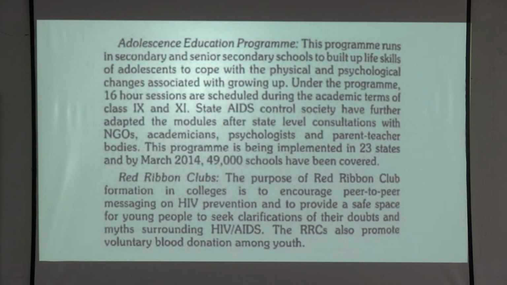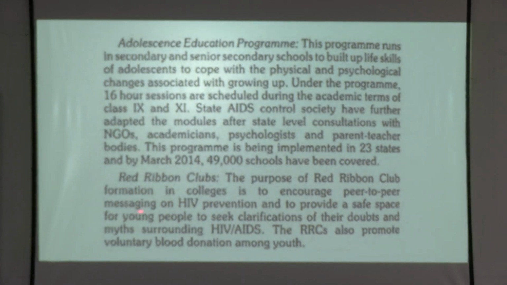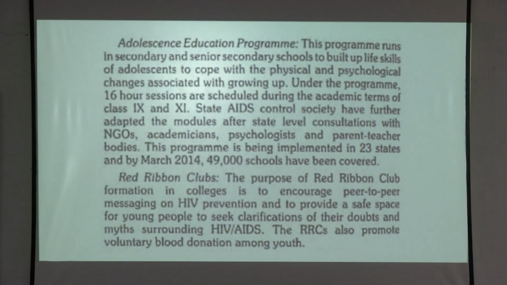Now the government has also started an adolescence education program. It is associated with school health programs also. Here usually counseling and general information is given to the students. Red Ribbon Club: the purpose of the Red Ribbon Club is formation in colleges to encourage peer-to-peer messaging on HIV prevention and provide a safe space for young people to seek clarification on their doubts and myths surrounding HIV/AIDS.